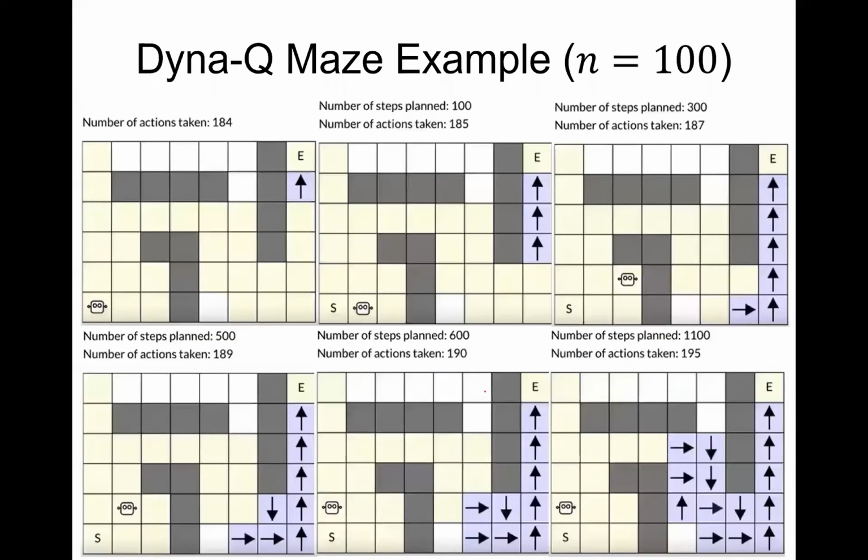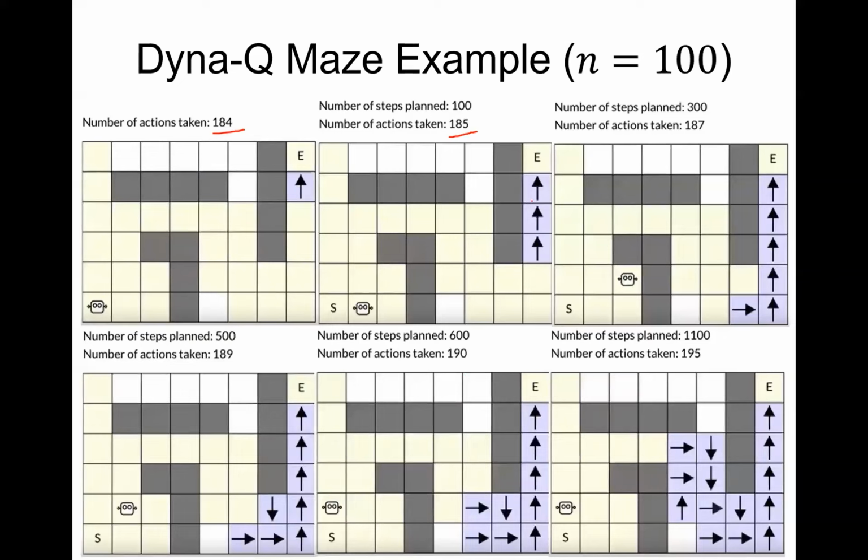So here's the example with n equals 100. In the first episode, it takes 184 actions for the agent to reach the end goal by a random policy. And then in the next, before you take the next action, after 184, at the 185th action, you do 100 steps of planning in the middle.